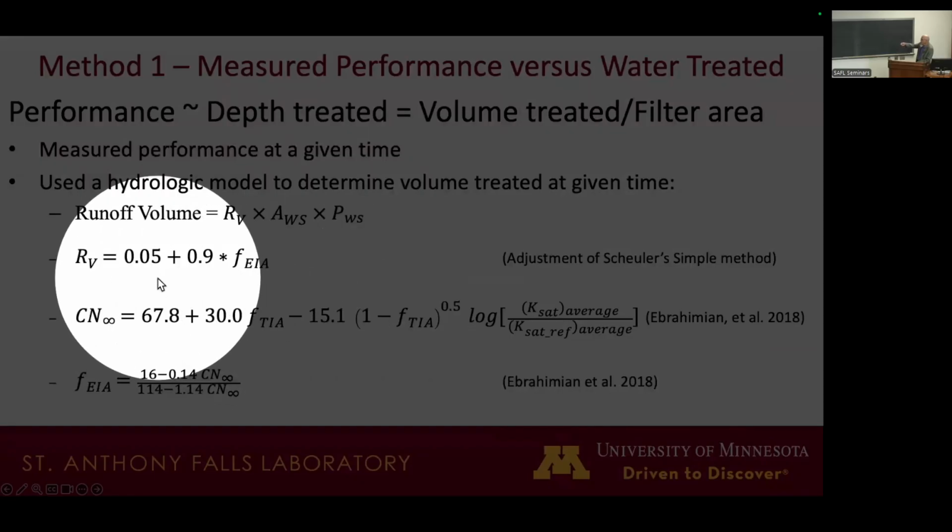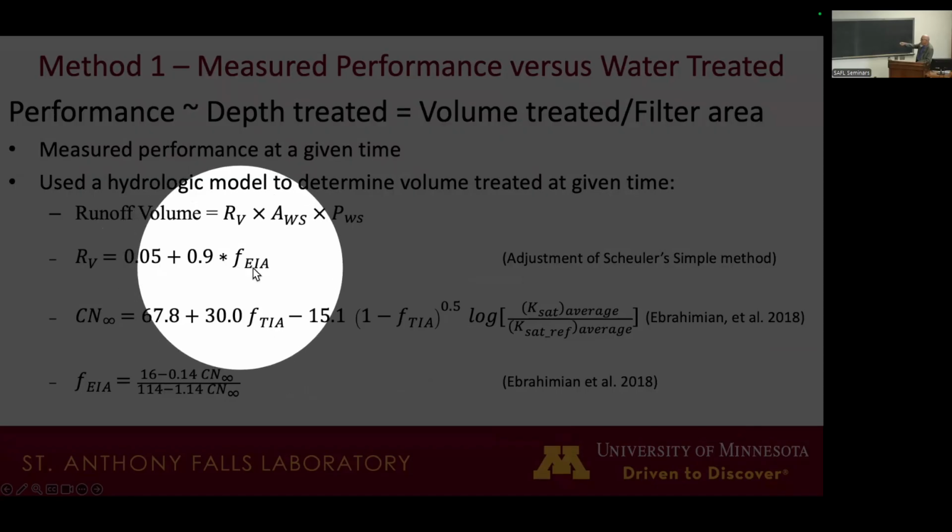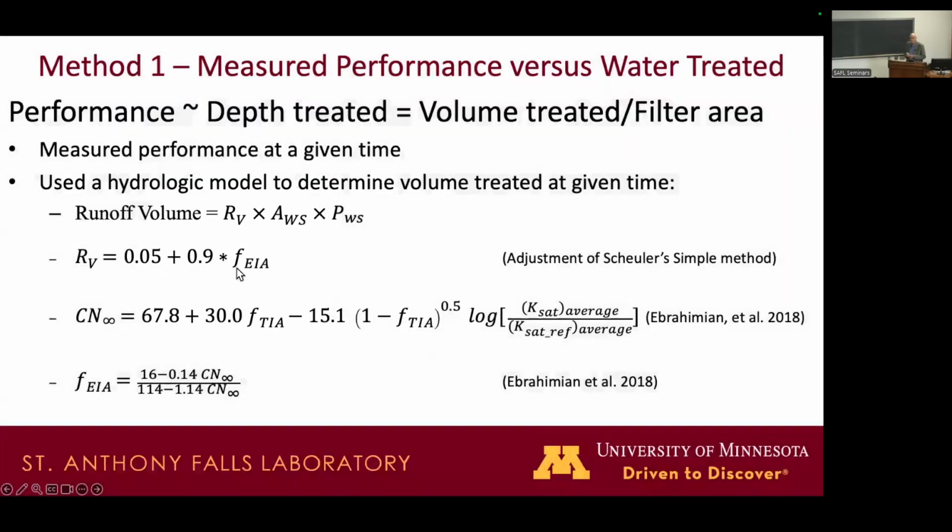Runoff coefficient is 0.05 plus 0.9 times the fraction of effective impervious area in the watershed. That's an adjustment of Schueler's simple method. Tom Schueler was here a while back giving a talk. He's basically known for this method. It's a very simple method. He used total impervious area because not many people know the effective impervious area.